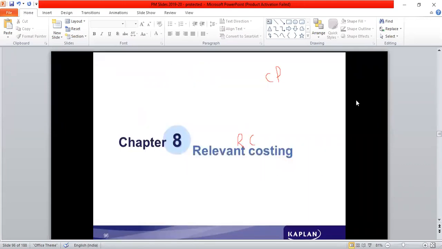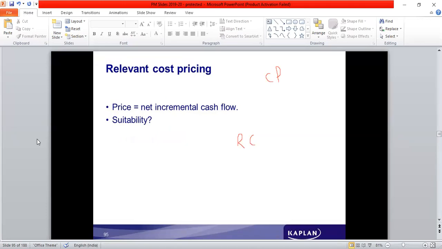The classification of cost goes as variable cost and fixed cost. If we are looking at relevance, relevance for what? Relevance for decision making. Let's say a decision is taken to increase the output, so which cost increases? Only the variable cost.